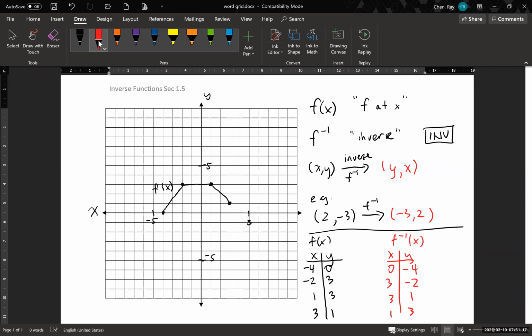And so let's plot them out. 0, negative 4 is here. 3 and negative 2 is down here. 3 and 1 happens to be right here. And 1, 3 happens to be like so. I didn't mean to do this.